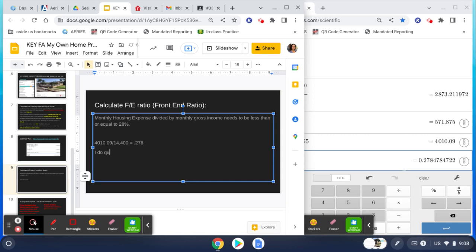I do qualify for this house of sales price $549 because my front end ratio is 0.279 or under the lender guideline.